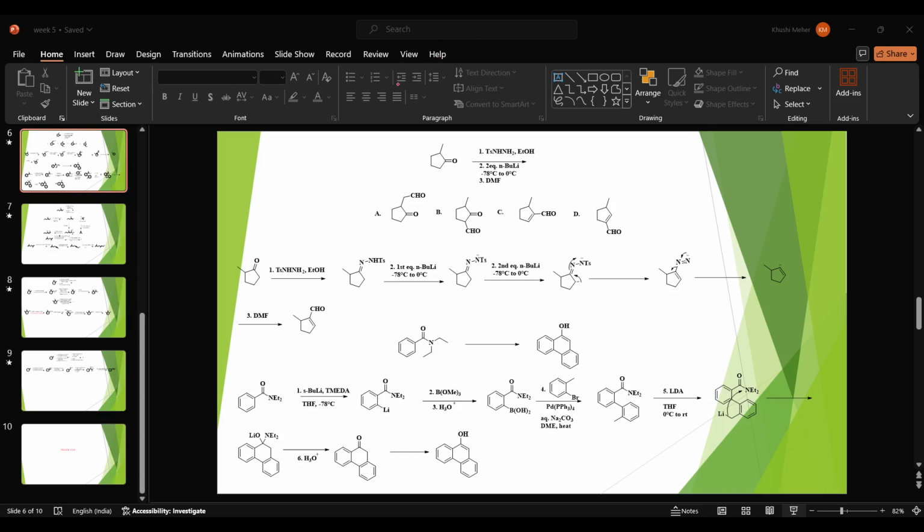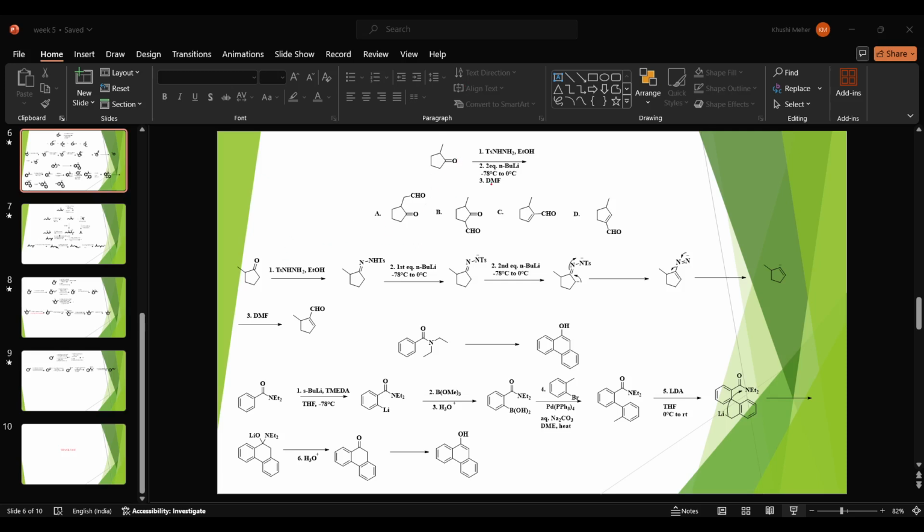First, what will happen? The first equivalent undergoes the reaction, and we'll get our corresponding lithiated product through the metal halogen exchange reaction. And we'll get a byproduct from the tert-butyl lithium, its corresponding tertiary halide.